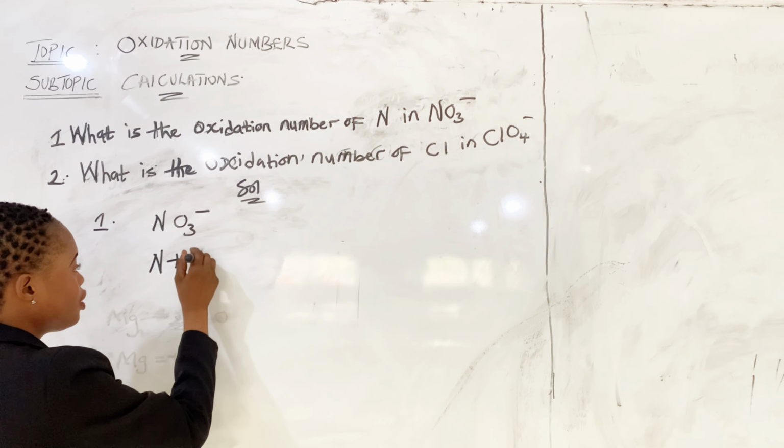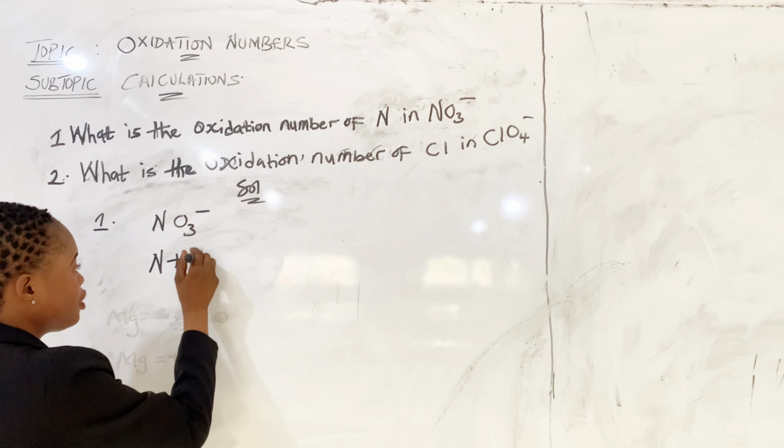For our second example, we're going to be looking at what is the oxidation number of chlorine in ClO4 minus. So we're going to write our formula ClO4 minus, put down our chlorine plus oxygen 4 in bracket oxygen equal to what? There's a charge here, so -1. So chlorine plus 4, oxygen is -2, equals to -1.